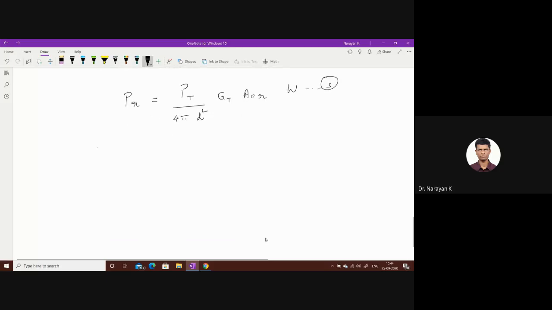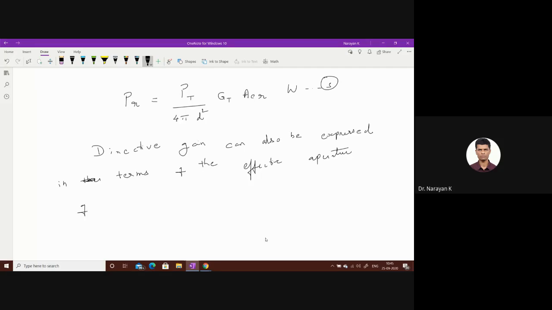Directive gain can also be expressed in terms of the effective aperture of the transmitting antenna as gain of the transmitting antenna GT equals 4 pi into effective aperture of the transmitting antenna AET divided by lambda square.